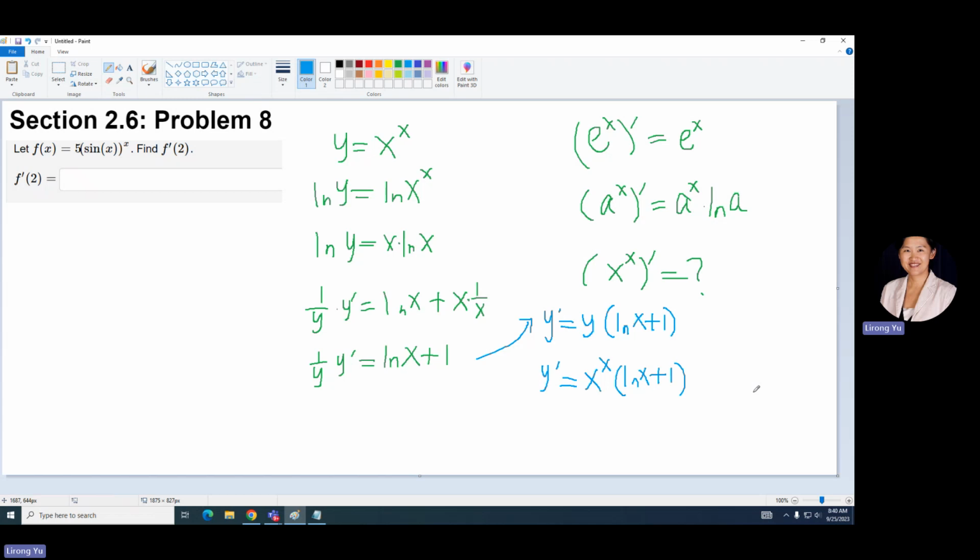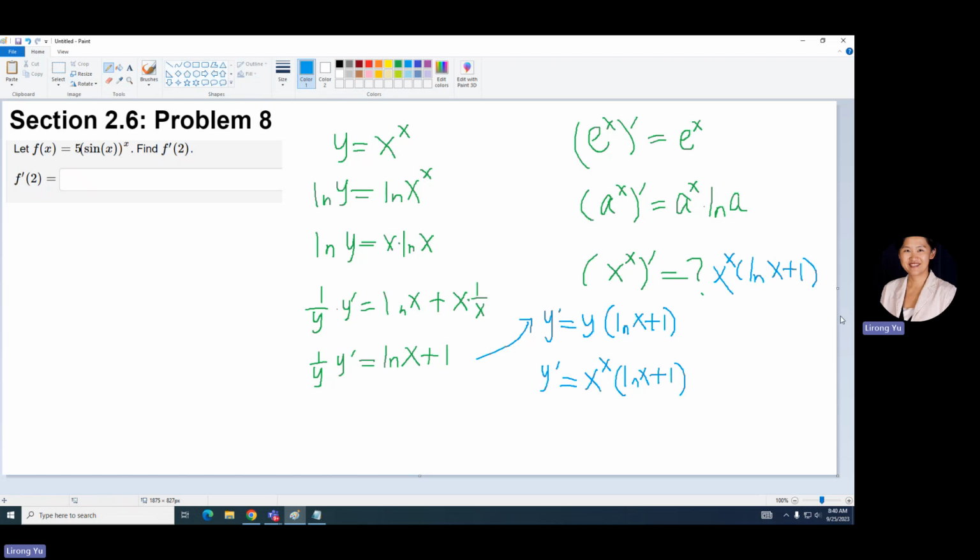It follows a similar pattern to the exponential function, whose derivative is itself multiplied by the derivative of the inside function. This is the method we're using to answer the question. The derivative of this one is x to the power x times ln of x plus 1.